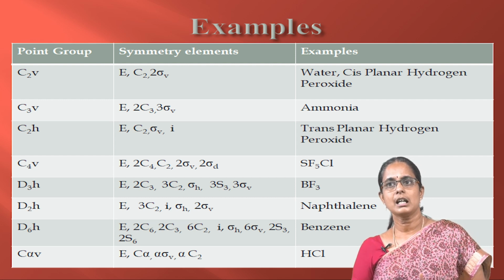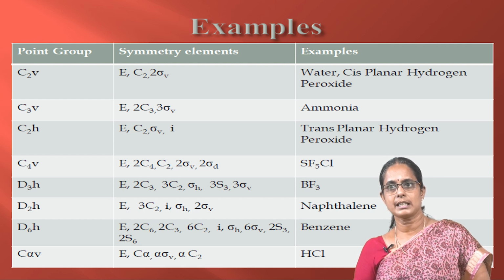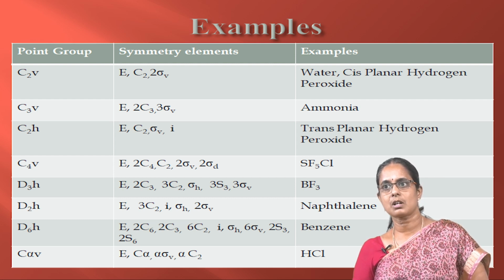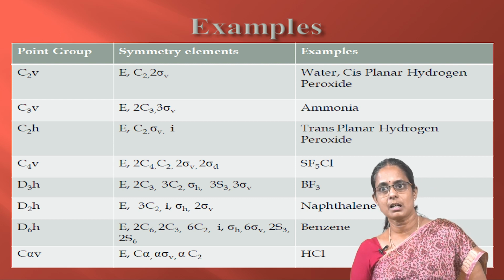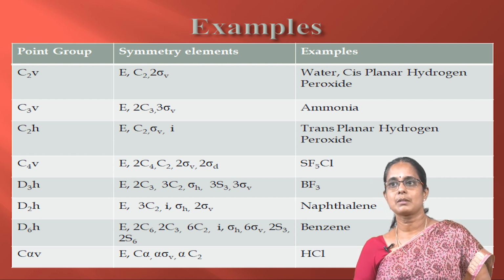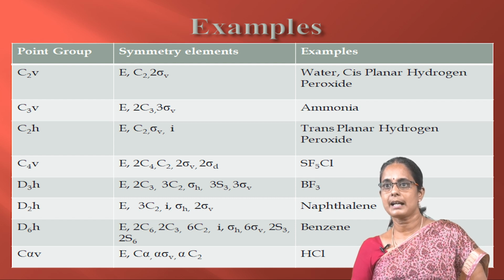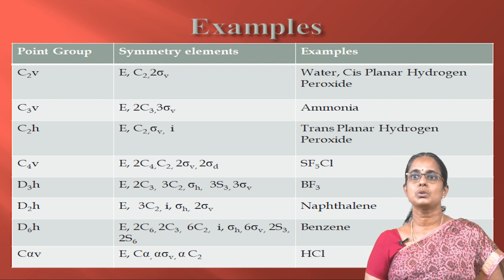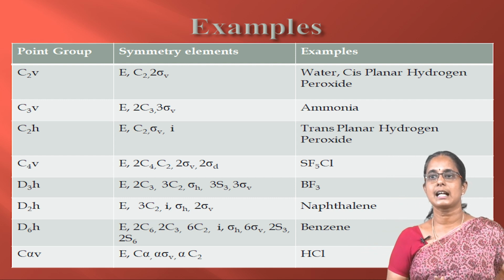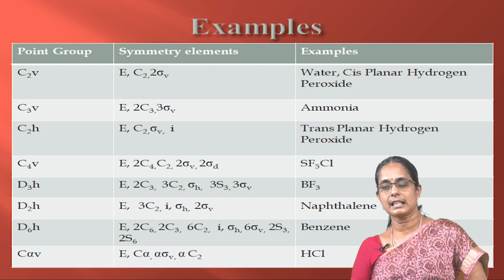In ammonia, identity, 2C3 and 3 sigma V planes are there. Hydrogen chloride has E, 2C infinity and sigma V planes. In the benzene molecule, there is E, 2C6 and 2C3, these symmetry elements are present there.